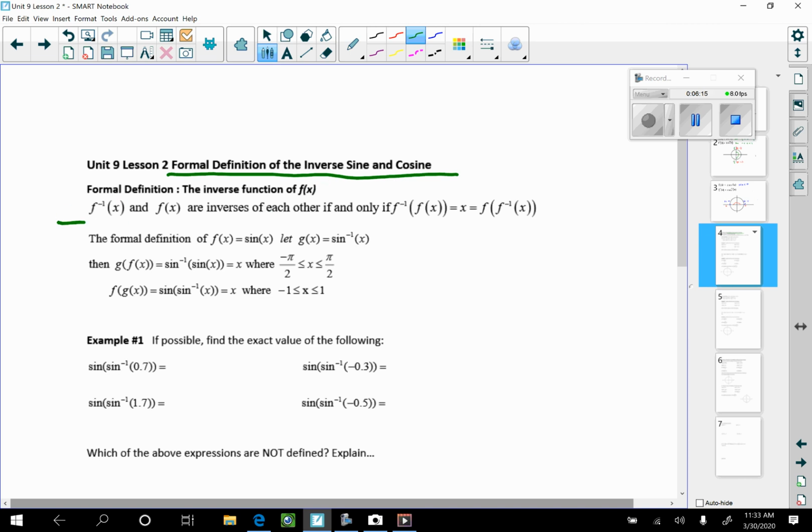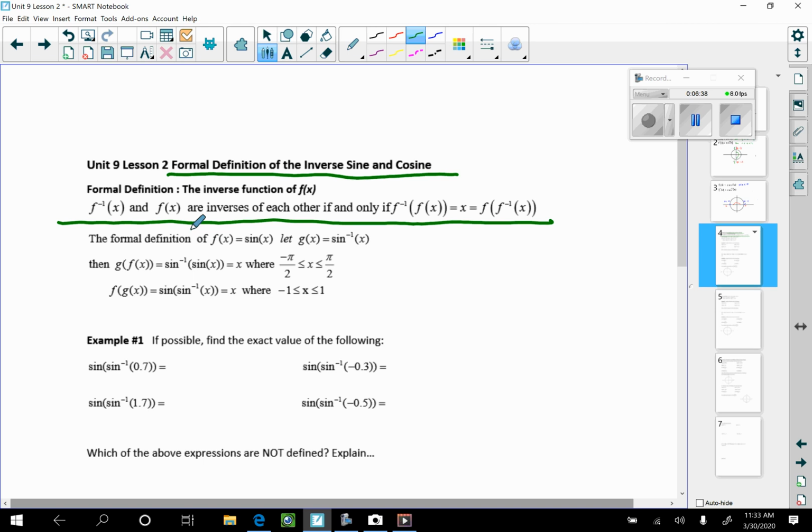This was back in, I believe, Unit 5 or Unit 6. This is the formal definition. Two functions are inverses if you take the composite of the inverse and the function and you get x, and you take the composite of the function and its inverse, you get x as well. That tells me that two functions are inverses of each other, this statement right here.